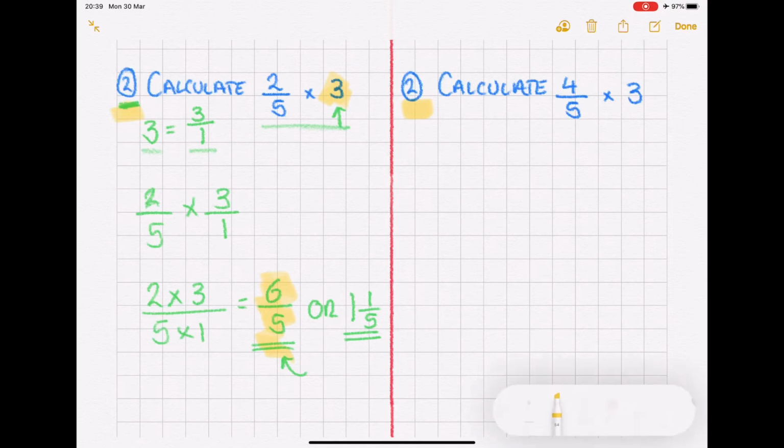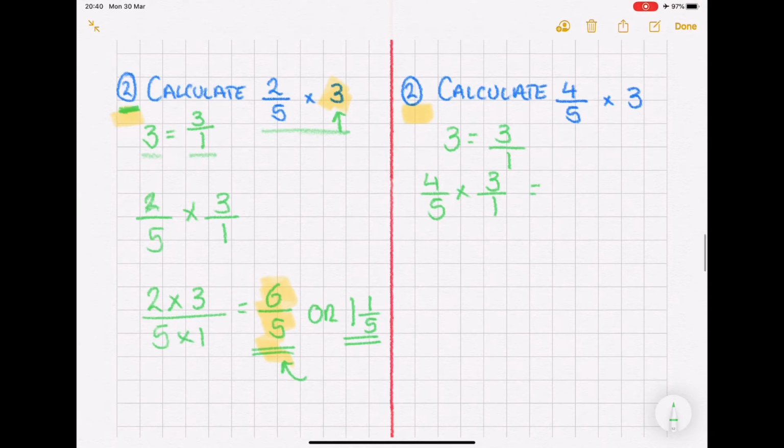Okay, good, right. Let's have a quick look through this one. So we said that 3 is the same as 3 over 1. So we can rewrite our sum as 4/5 times by 3 over 1. We're going to times the top two numbers together, so 4 times 3 over 5 times 1. 4 times 3 is 12. 5 times 1 is 5.